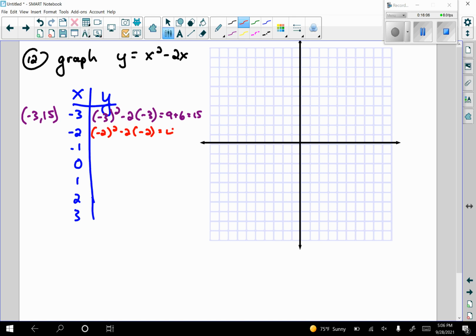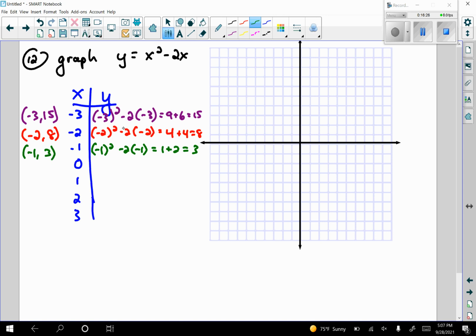So that will give us 4 plus 4, which is 8. So then we have the ordered pair, -2, 8. For -1, we'll have -1 squared minus 2 times -1. That gives us 1 plus 2, which is 3. So then we have the ordered pair, -1, 3.